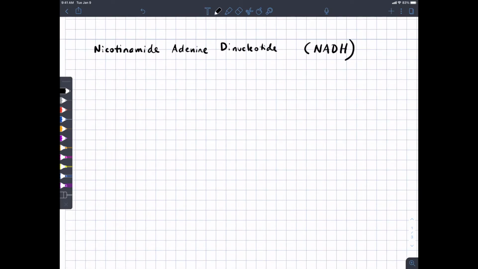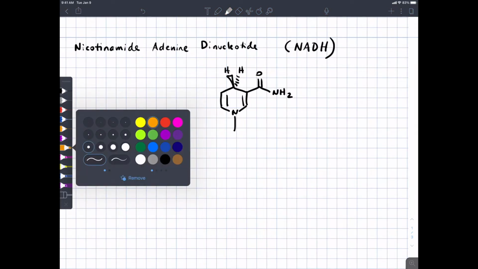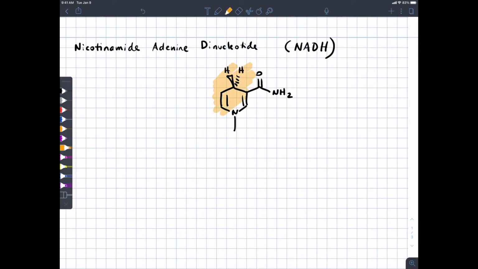So I'm going to draw the business end of the molecule first. This is the nicotinamide portion. And if you were drawing a mechanism using this molecule, this is the only portion you would need to draw. This portion of the molecule that we get, and don't get excited, this is not just a methyl group, there's like a big whole thing down here.